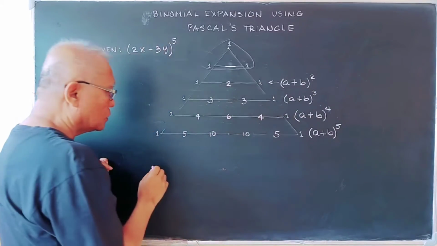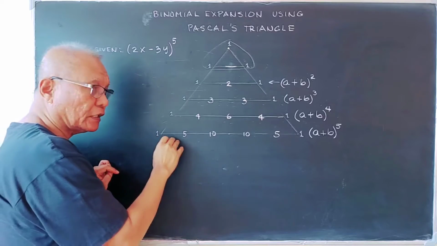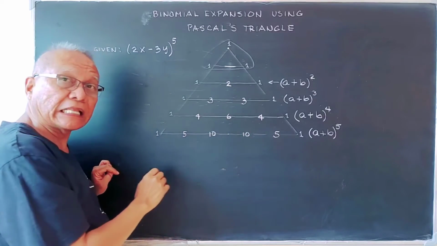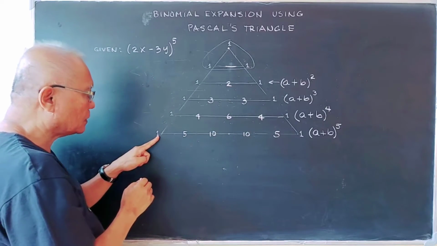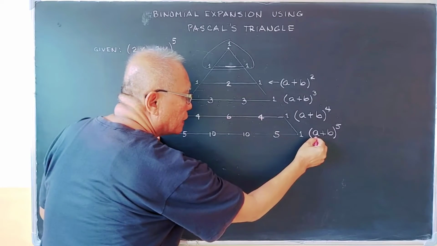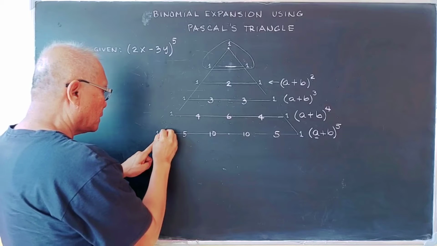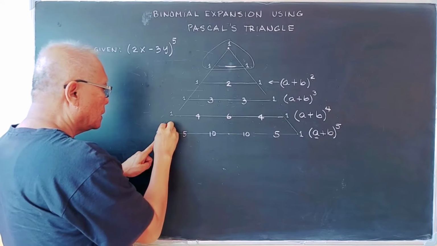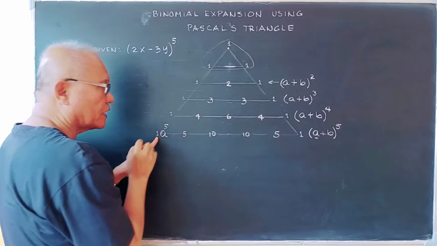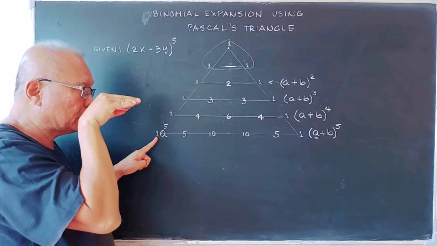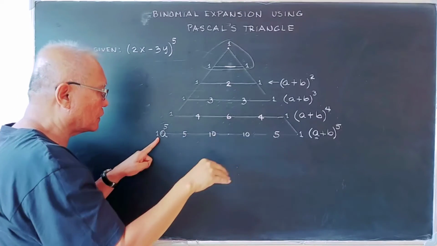Now, let us put the a and b here, the literal coefficients. We start with the a, and that is 5. So here we have a, this one is 5. We'll do the descending order of exponent.